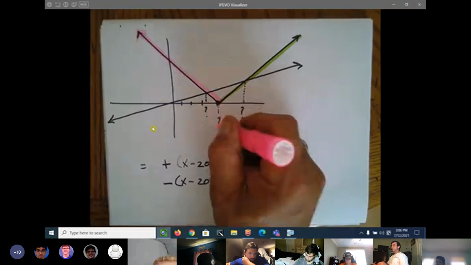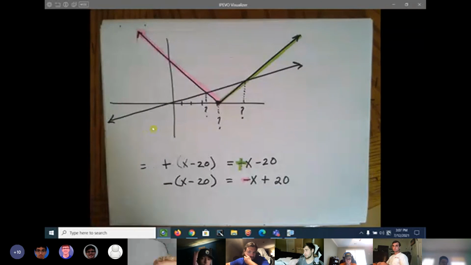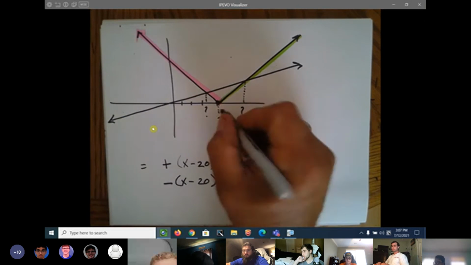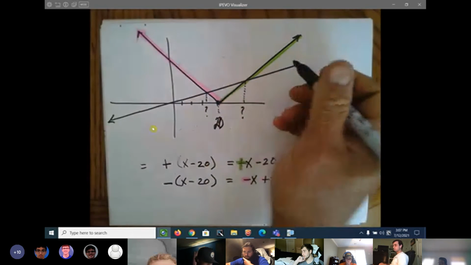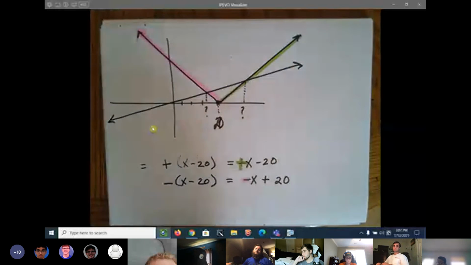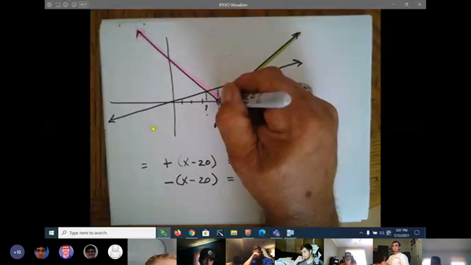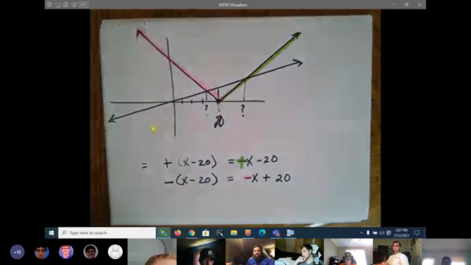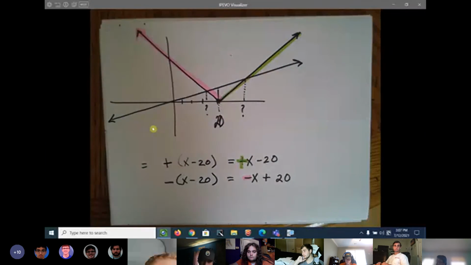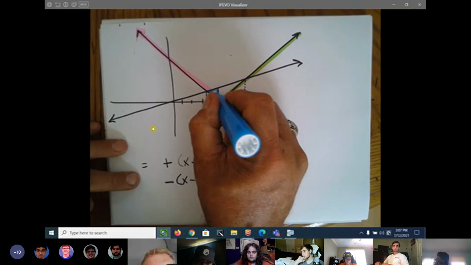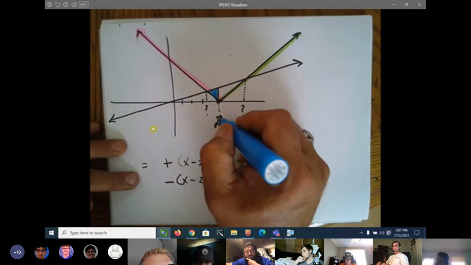Now you know this number. This number is 20. What am I doing right now? I'm filling in the blanks. I'm filling in what we know and what we don't know. So we know that this area right here goes from this number to 20.